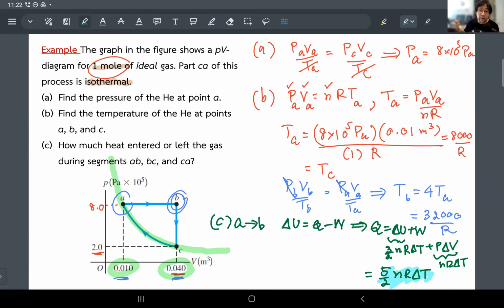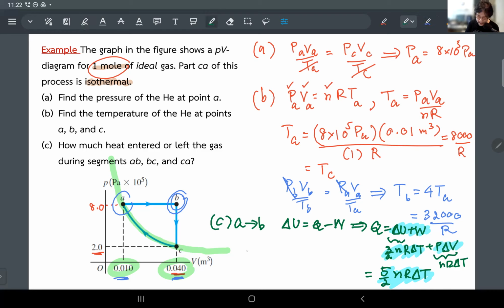Even if you don't want to memorize this formula, you can start right from the first law of thermodynamics, get 3/2 nR delta T from the delta U, and P delta V from the definition of work. You're going to end up with 5/2 nR delta T without any difficulties. Sounds good? All right, with that, I'm done.